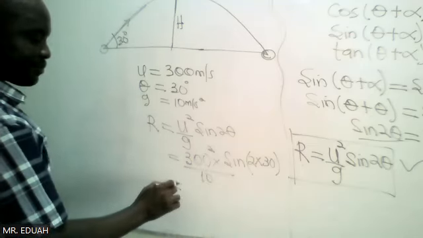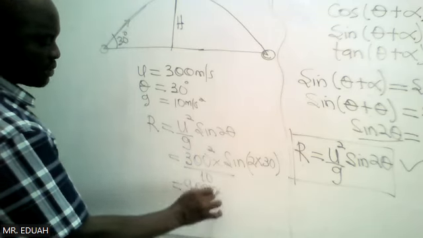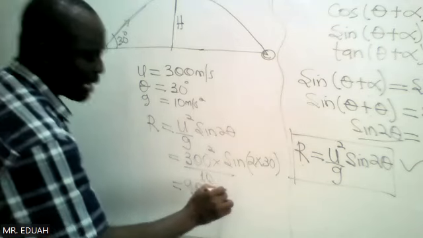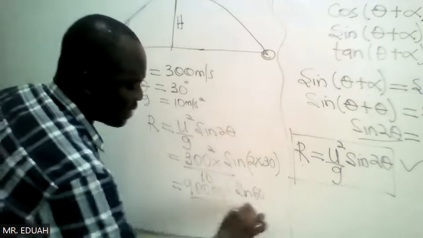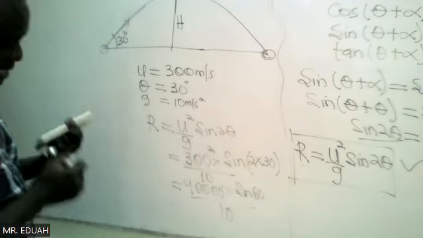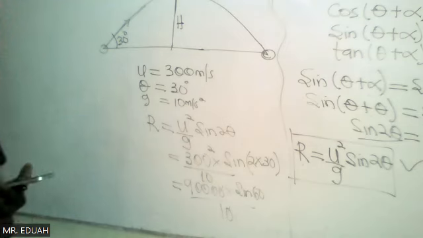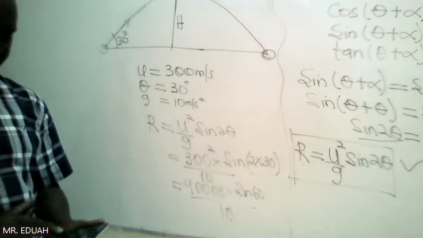So this is 90000 times sine 60 divided by 10. This is 9,000 times 0.866.